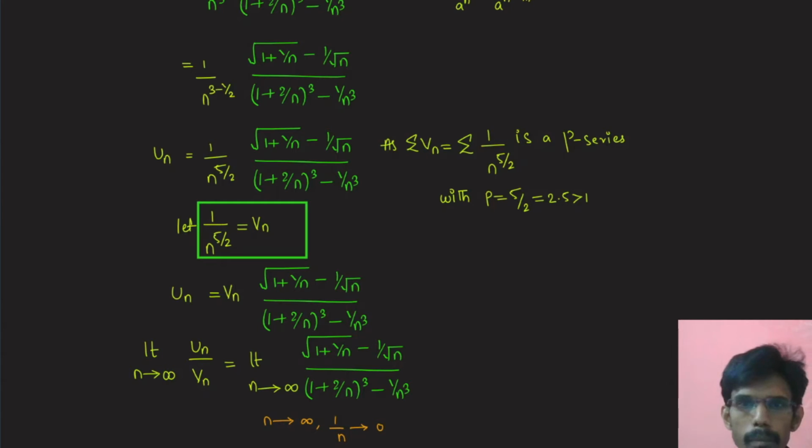When p is greater than 1, this sigma Vn is convergent.